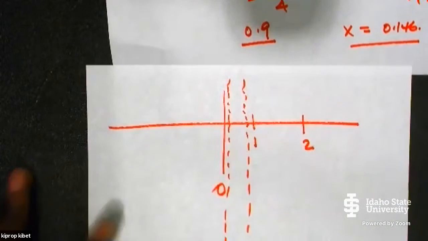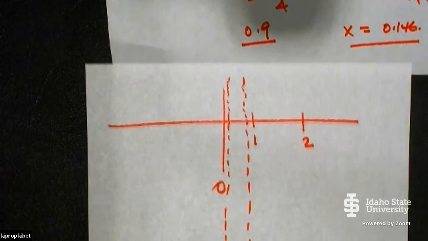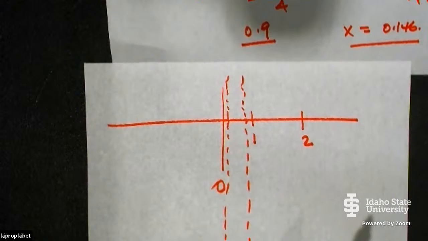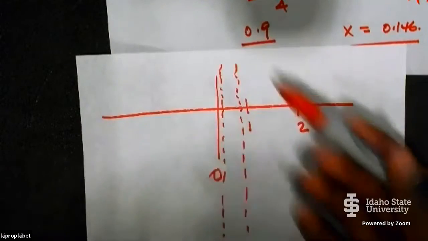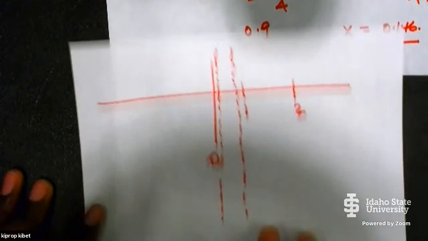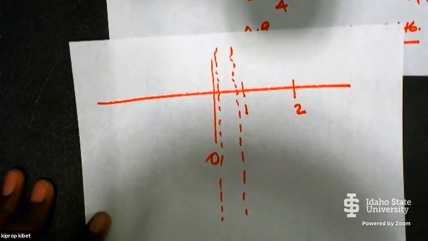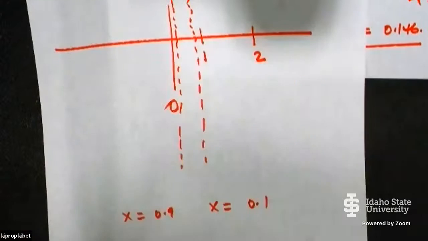So those are the points, the intervals. So our x equals 0.9 and our x equals 0.1, okay?